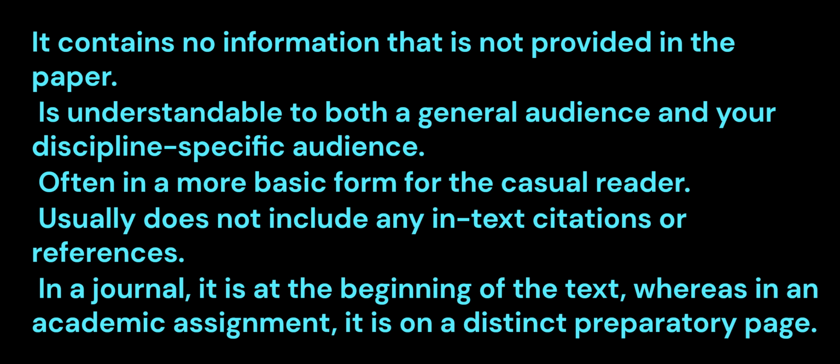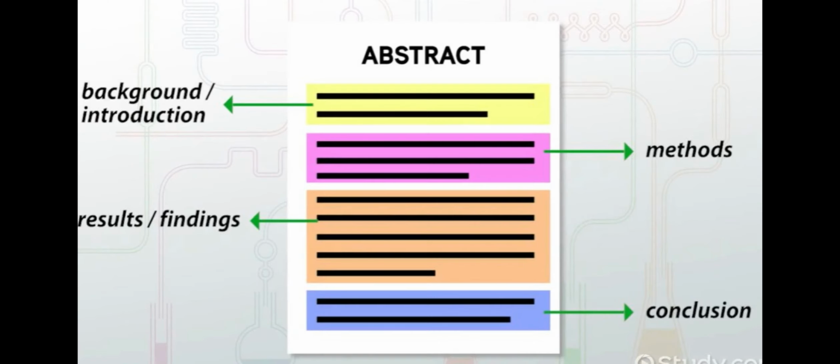It contains no information that is not provided in the paper, and is understandable to both a general audience and your discipline-specific audience, often in a more basic form for the casual reader. It usually does not include any in-text citations or references. In a journal, it is at the beginning of the text, whereas in an academic assignment, it is on a distinct preparatory page.